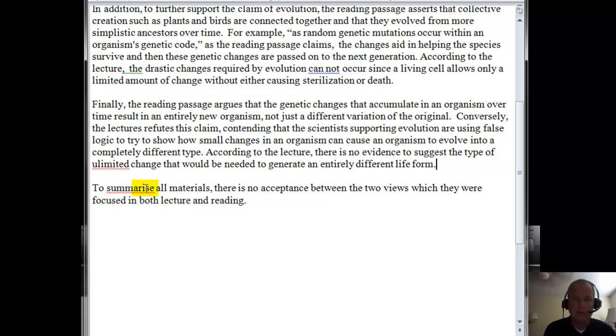To summarize all the materials, you could say, there is no acceptance between the two views, which they were focused in both the reading and the lecture.